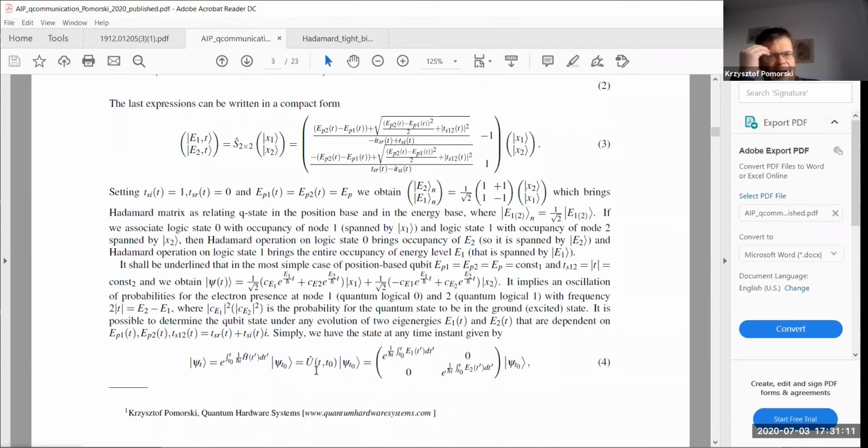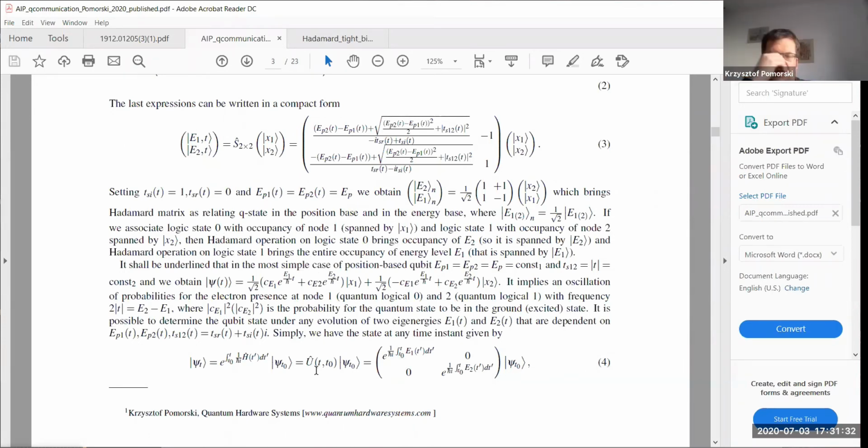All right, so we can deal with very specific cases for the given system. For example, we can consider the situation where we have an infinite barrier between the left and right quantum dot.